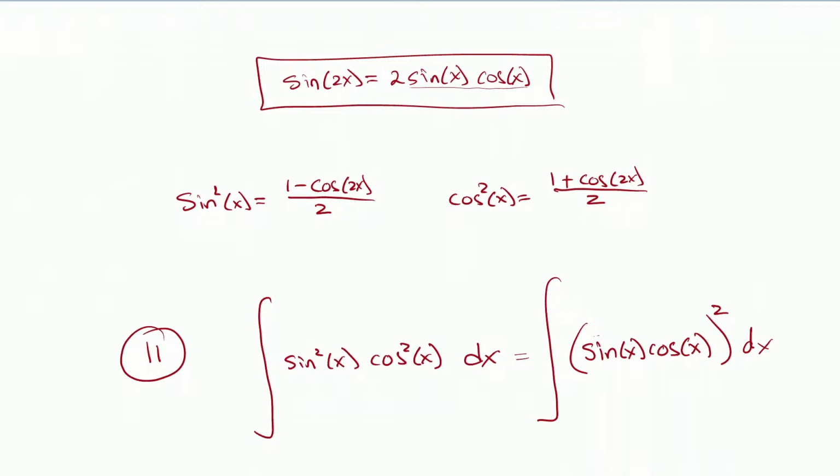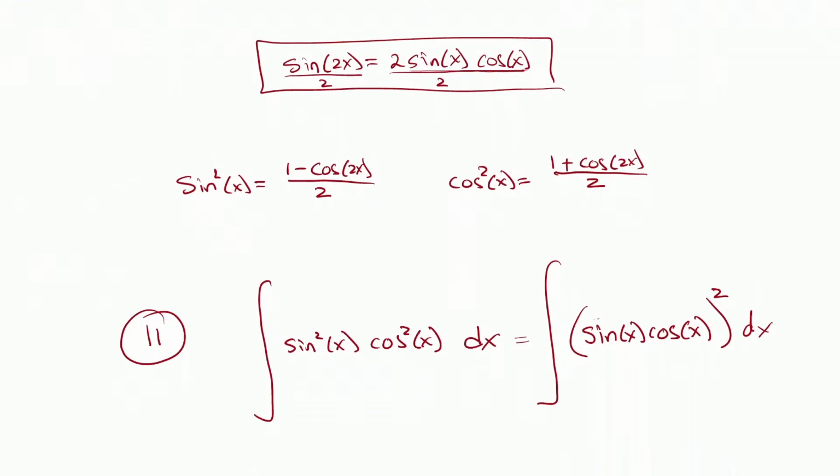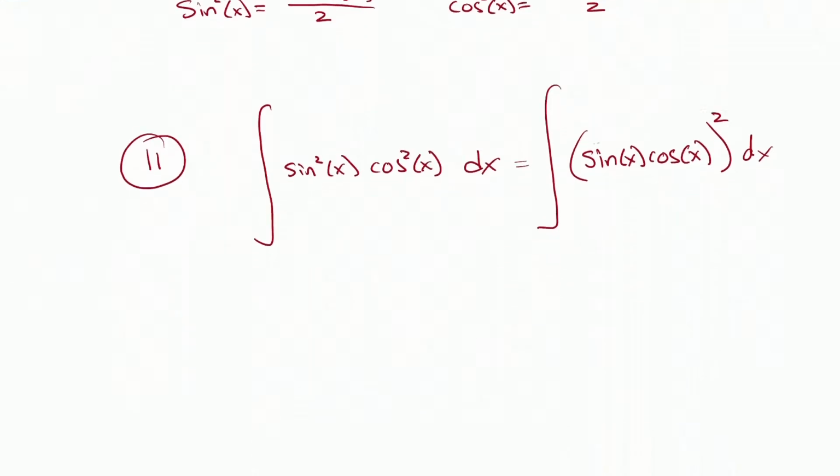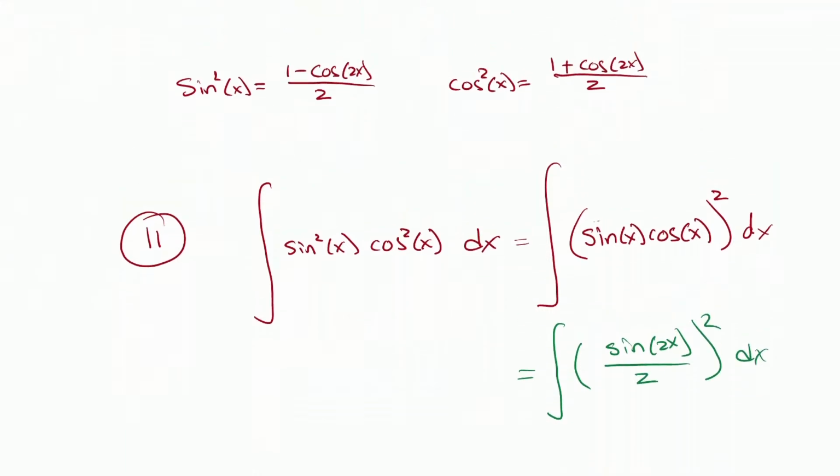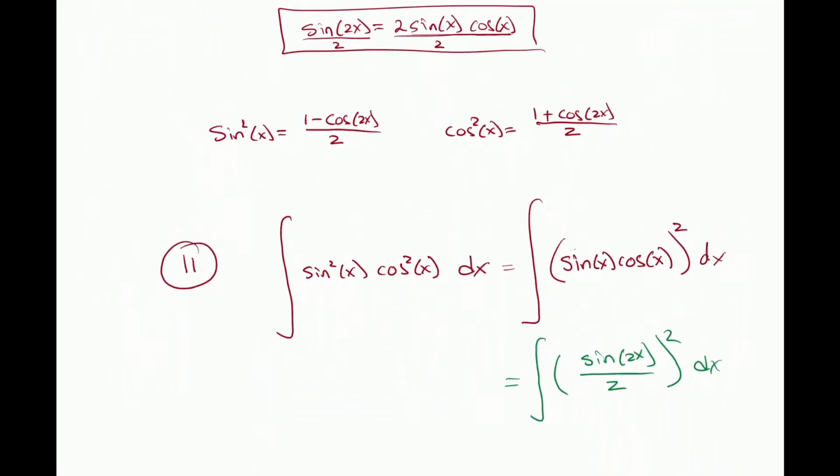Just divide both sides of this identity by 2, and you'll get what's down here. So this is sort of the key here, is that I could do this. So this will become 2, no, not 2, sorry. Sine of 2x over 2 quantity squared. And just see, can I get it all up there? I'll zoom back out in a sec, but see if that makes sense. That's the first step.